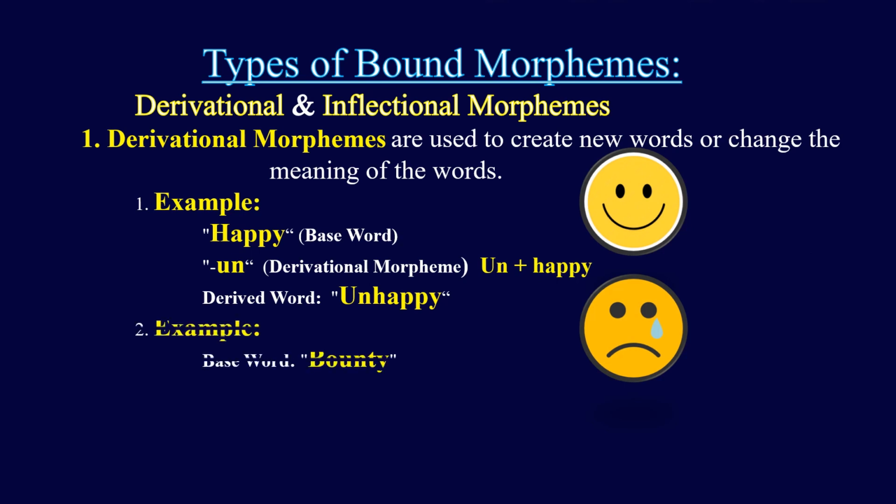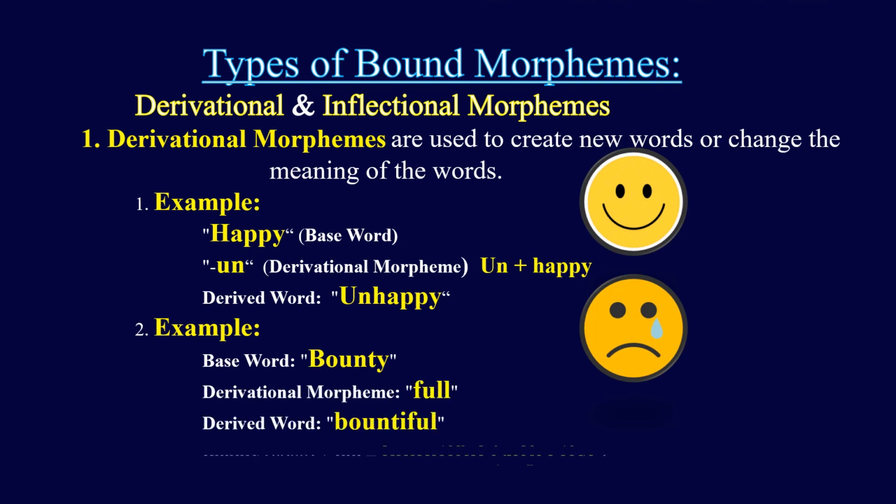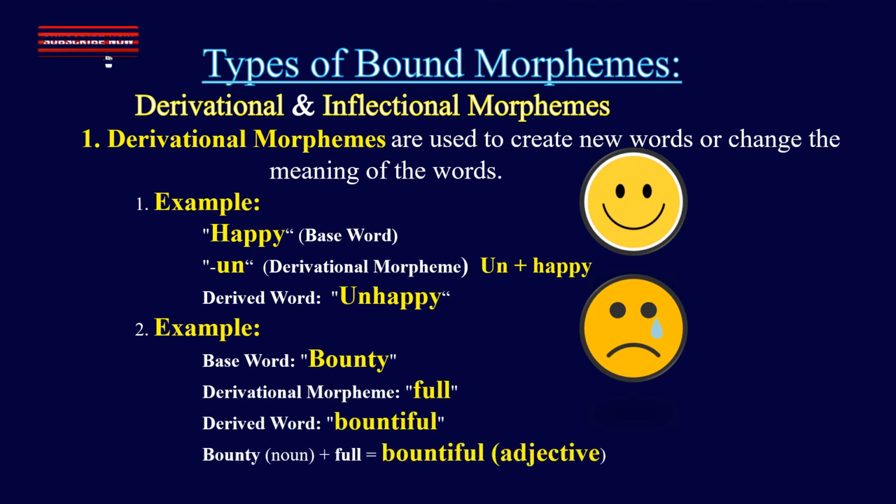Let's take another example. Base word bounty, derivational morpheme full, derived word bountiful. In this example, the base word bounty, which is a noun, is changed into the adjective bountiful by adding the derivational morpheme full.